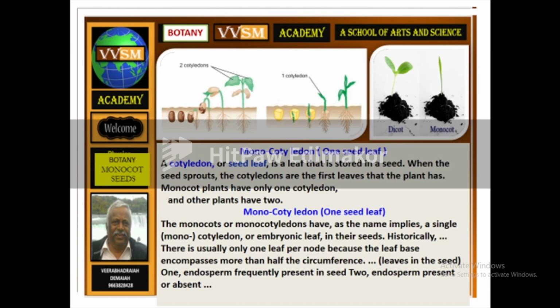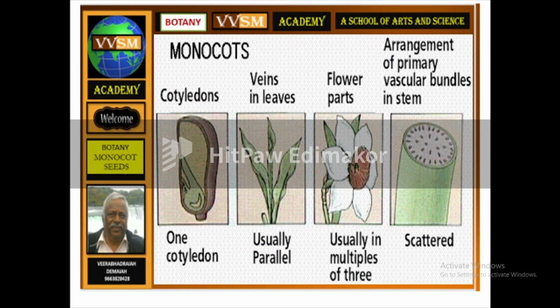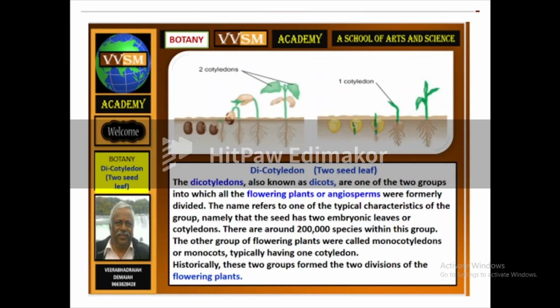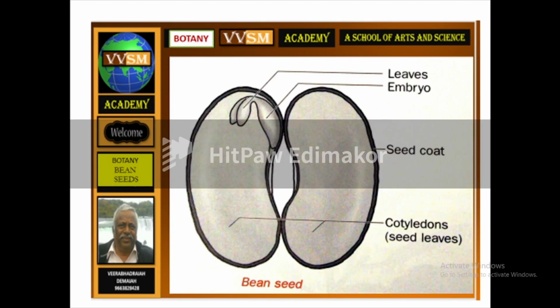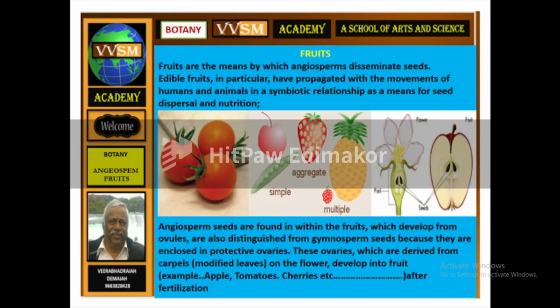Monocotyledon, one seed leaf. Monocots. This is dicots, bean seed and its germination. Very, very important, germination of bean seed.